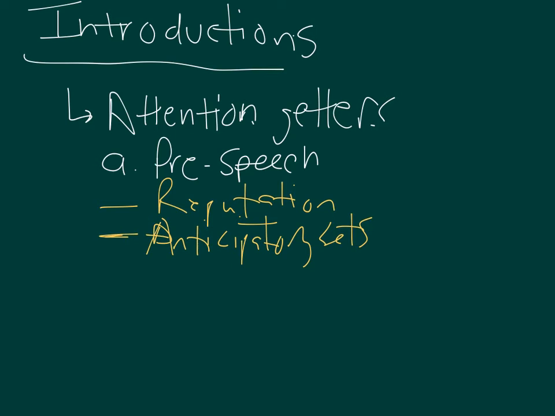So before you even started talking, if there were some interesting props on a table that you were going to use, maybe a hat and a cake, the audience is going to see that before you even start talking. At that point, the audience is going to be wondering, "Ooh, what are you going to do with that cake? Or what are you going to do with that hat?" And that's going to increase attention, because they're going to want to know what he's going to do with these things. That anticipatory set works in your favor.